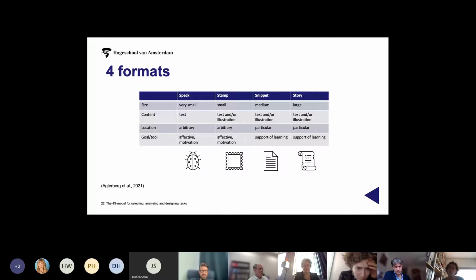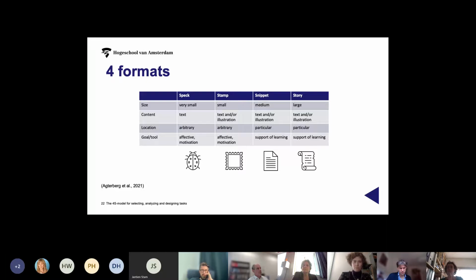The story, the word really contains, I think, the idea of the format. It's a large piece of historical information. It supports the learning of mathematics. It's at a particular location and can contain text and/or illustrations. And the spec is very small. You could say, for instance, just the name of somebody who devised a piece of mathematics, just a piece of text, at an arbitrary location, and it has a more motivational or affective goal.